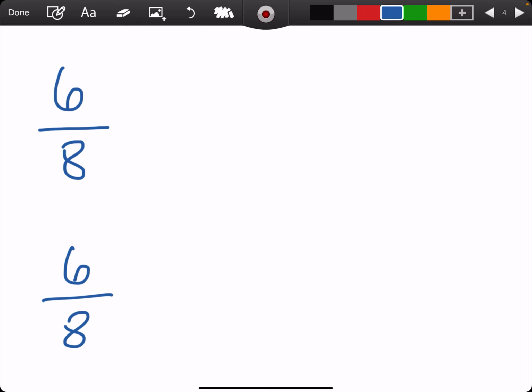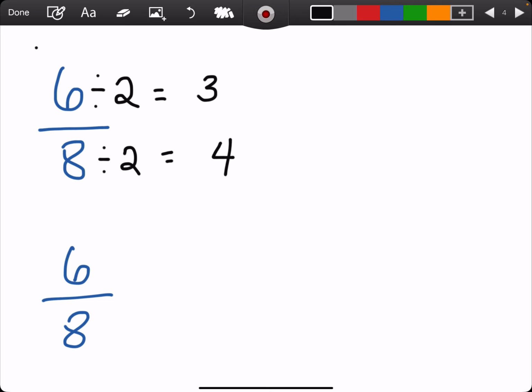Now, when you're just looking for an equivalent fraction, you can get different answers. Like, for example, if I had 6/8, I know they're both even numbers. So I can divide 6 by 2, and I could divide 8 by 2. So 6 divided by 2 is 3, and 8 divided by 2 is 4, and you get 3/4.